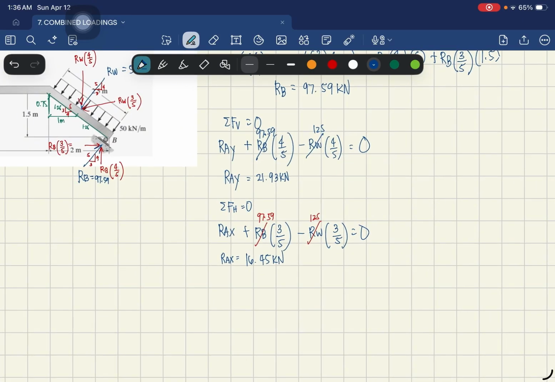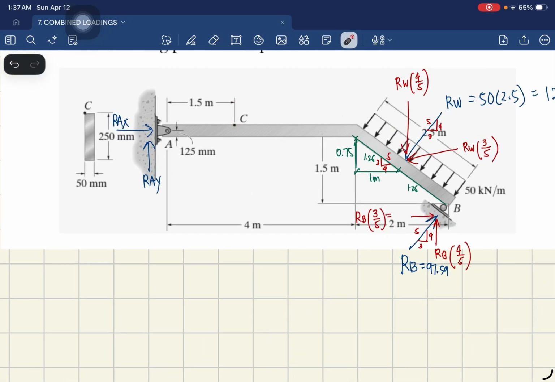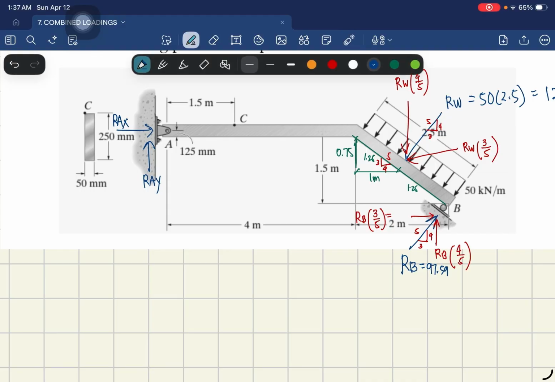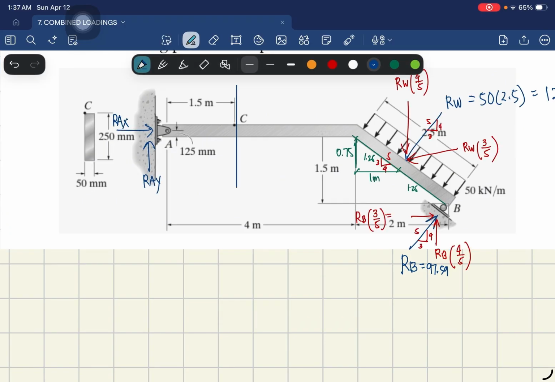Okay, next. Kunin natin yung mga internal resultant at point C. Ibig sabihin ng internal resultant, yung normal force, shear force, at saka yung bending moment. So para madali yung solusyon natin, gagamitin na lang natin ng bisection method. Magkakat lang tayo dito sa may bandang kung nasaan yung point C natin.